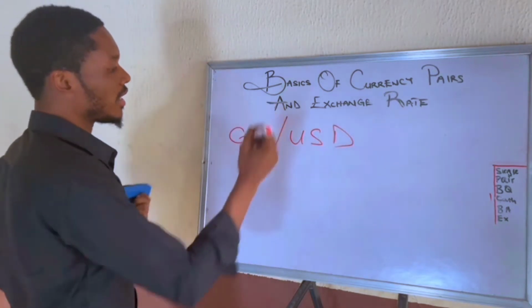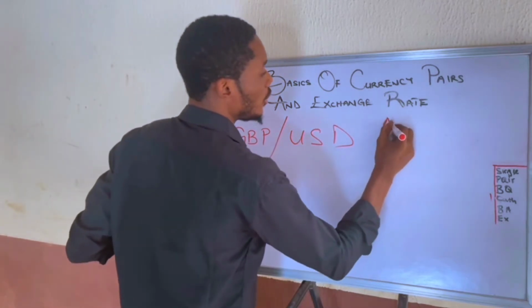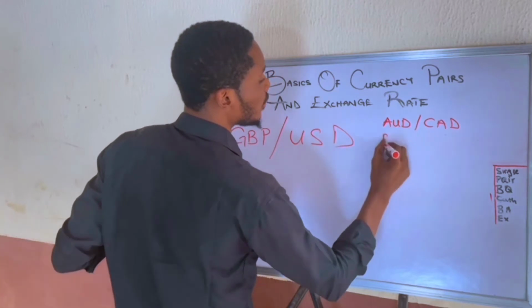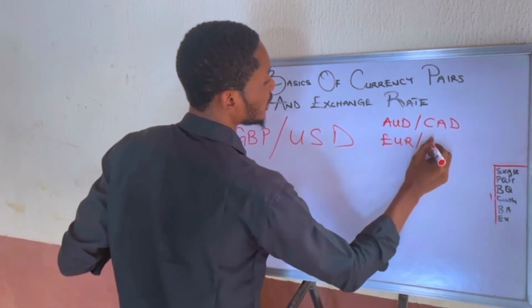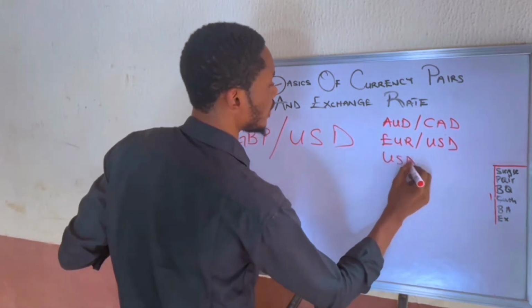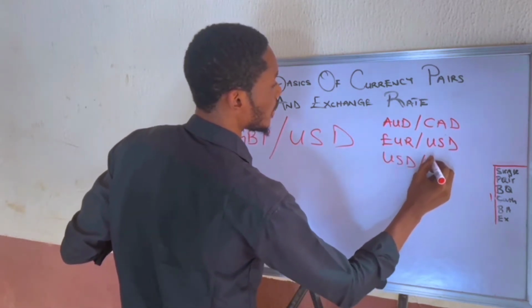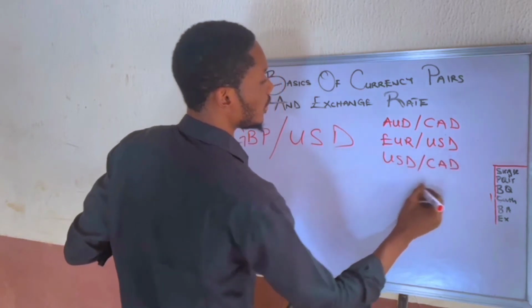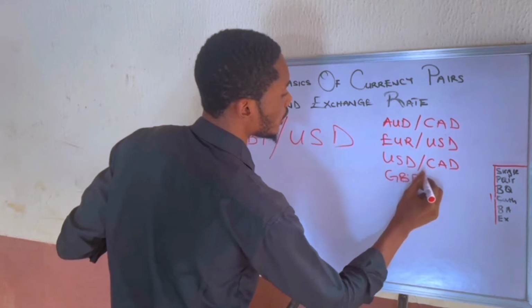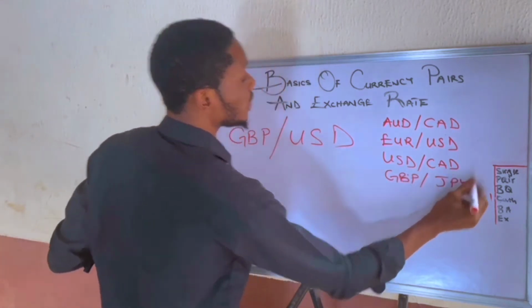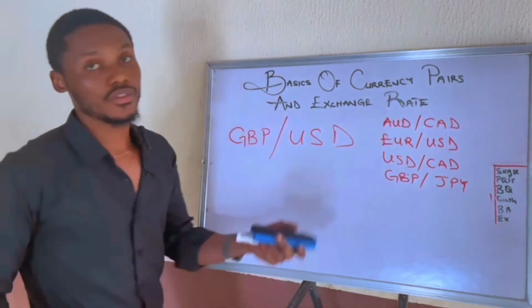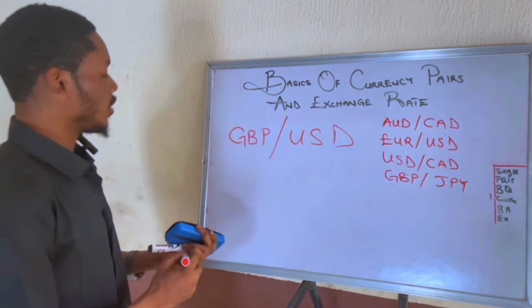You might have seen things like GBP slash USD, AUD slash CAD, Euro slash USD, USD slash CAD, and we have GBP slash JPY. So the list goes on and on. So obviously you've come across either of these through your Forex journey.